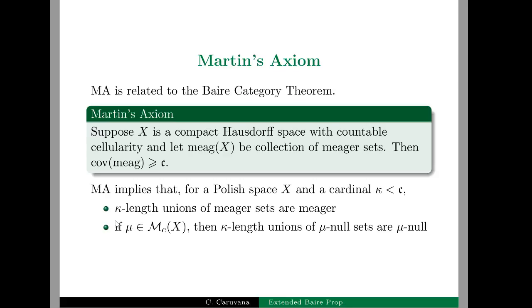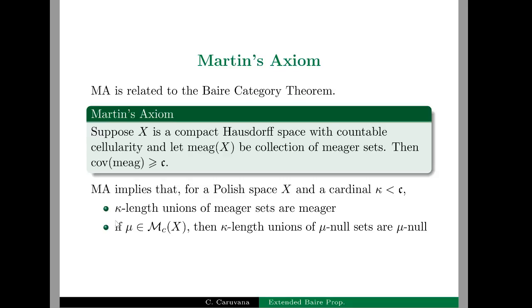So in particular for Polish spaces, Polish spaces embed into the Hilbert cube as G deltas, and you can rephrase compact Hausdorff. You can maybe just talk about Čech complete spaces. So Polish spaces are some of those, and so they satisfy the conclusion of Martin's axiom.